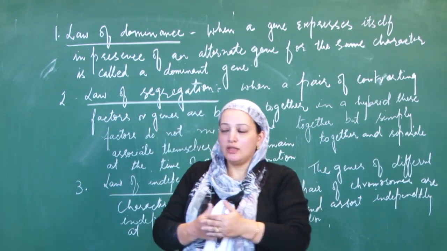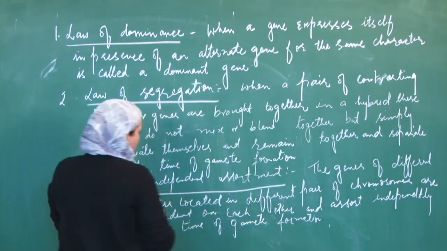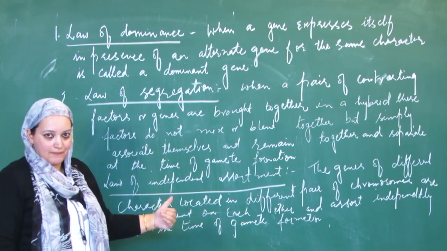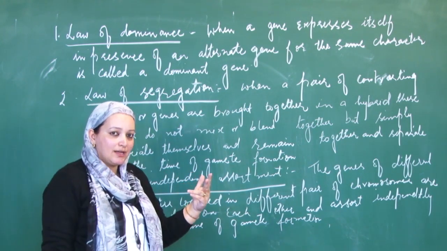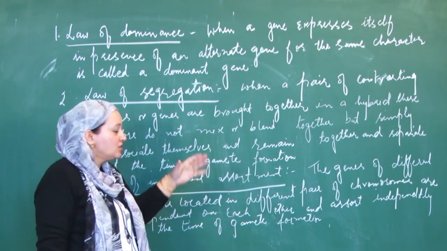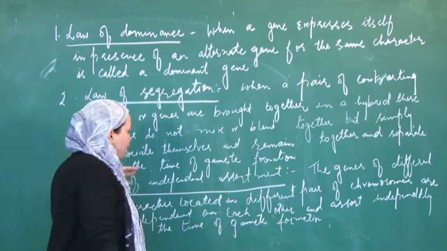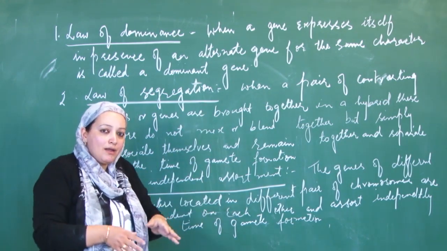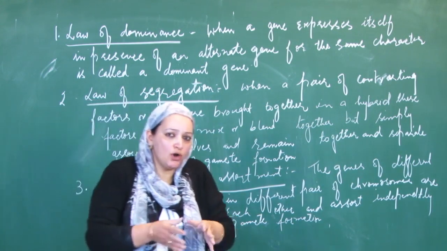So the third law is the law of independent assortment. The genes of different characters located in different pairs of chromosomes are independent of each other. They do not depend on each other.